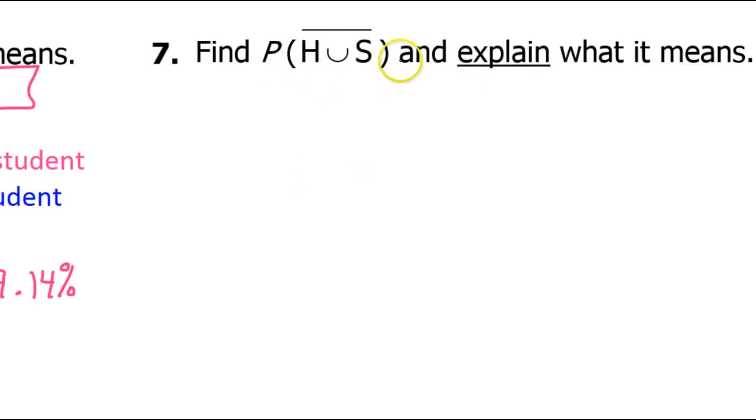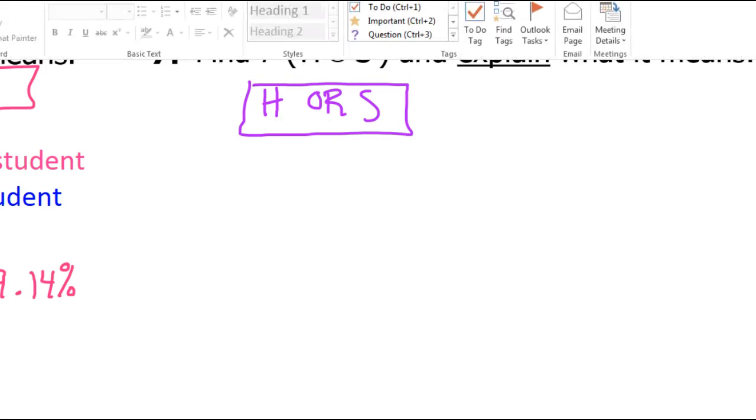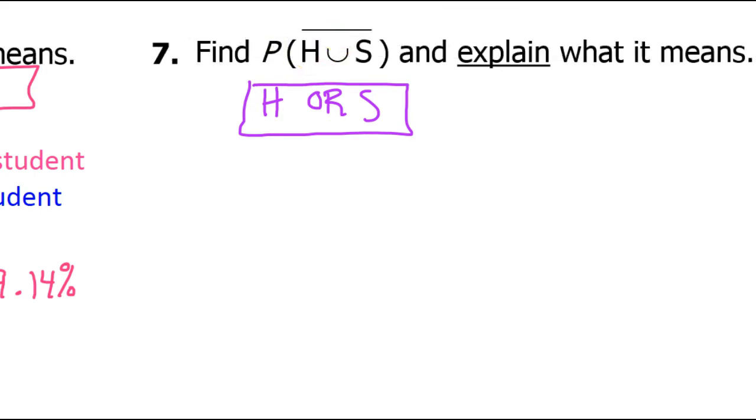All right, number 7 will be the last problem on this video. We're going to find the probability of this. Now, if I didn't have this little line over it, this would mean H or S. In other words, they like The Hobbit or they like Star Wars, either one. This little line over the top means that it's going to be the complement of this.